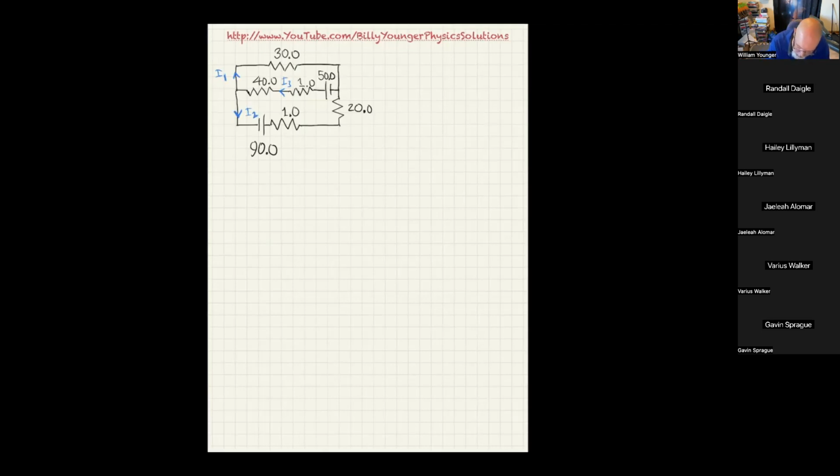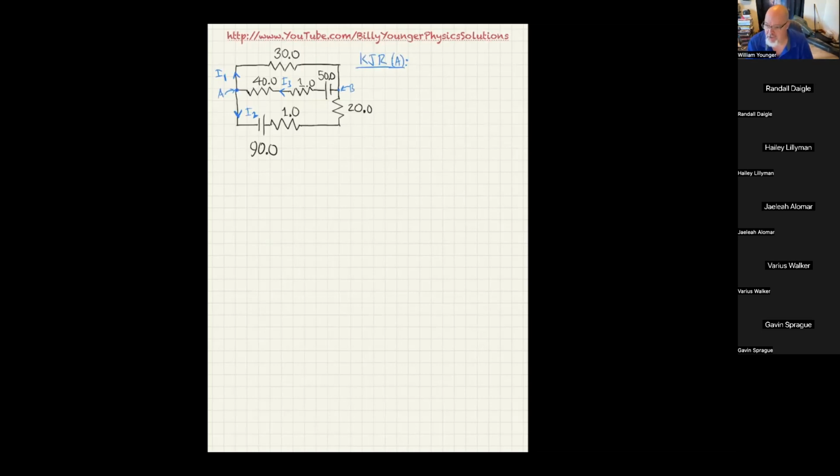So first thing I'm going to do is Kirchhoff's junction rule, and I'm going to do it for this point right here, A. So I'll write for junction A. Now you'll notice there's actually another junction here, that's B. In fact, the rule is if you have two junctions, one of them is useful, the other one's just a repeat.